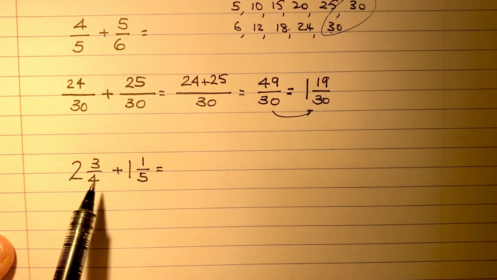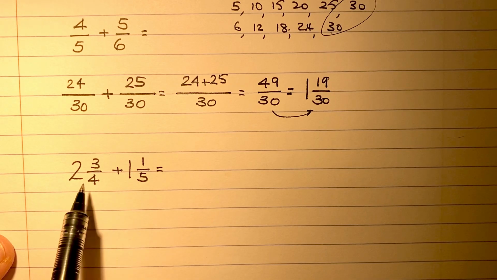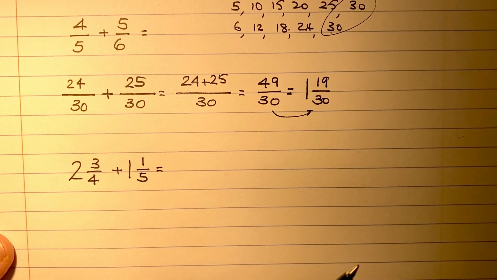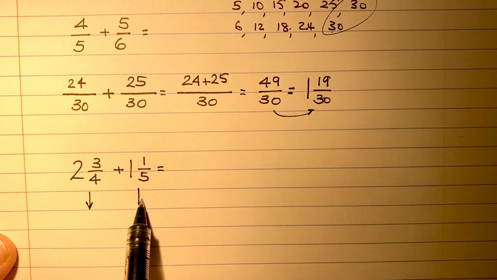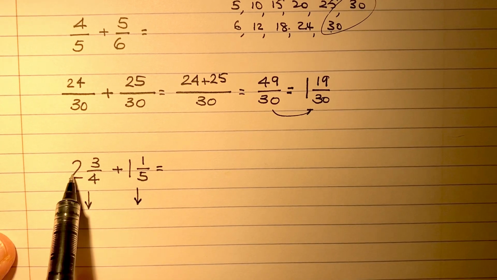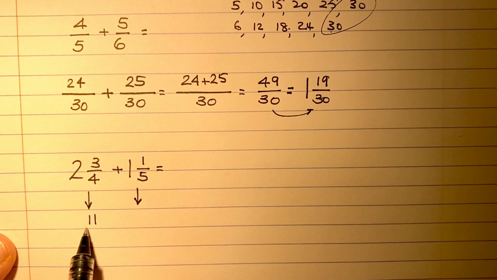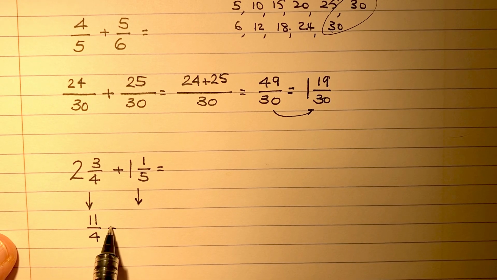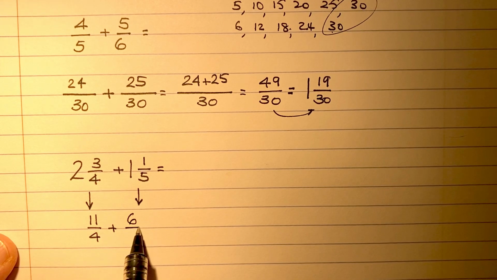With addition and subtraction, you may deal with the whole numbers separately and the fractions separately. But let's just stick to one single method. Change all mixed numbers to top heavy. 2 times 4, 8, add 3, 11 over 4. Plus 1 times 5, 5, add 1, 6/5.